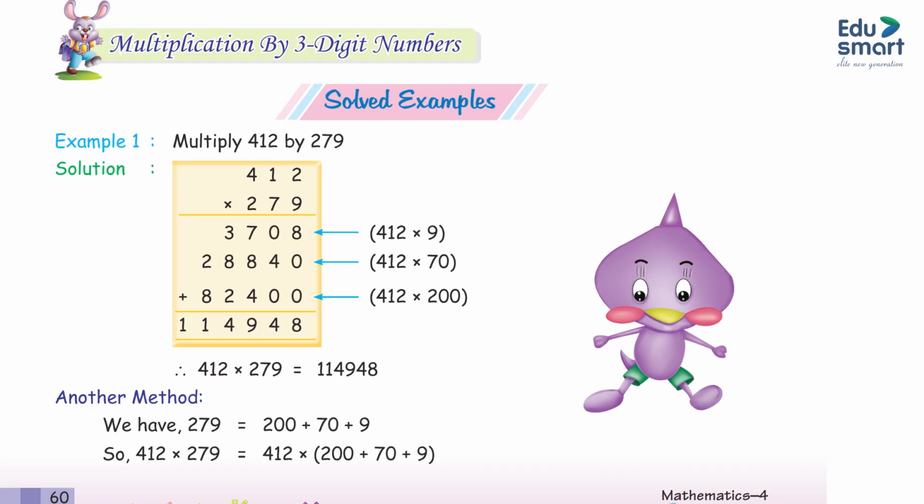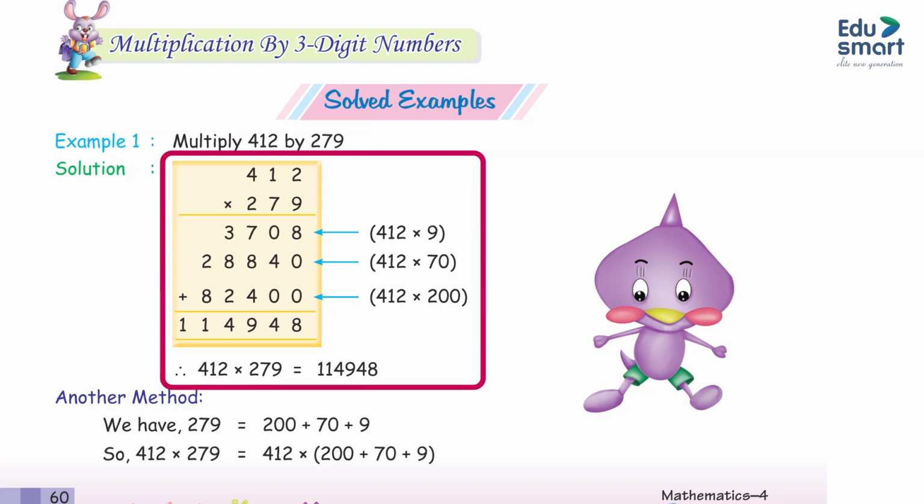Solved examples. Example 1. Multiply 412 by 279. Solution. 412 into 279. 412 into 9, 412 into 70, 412 into 200. 412 into 279 is equals to 1,14,948.